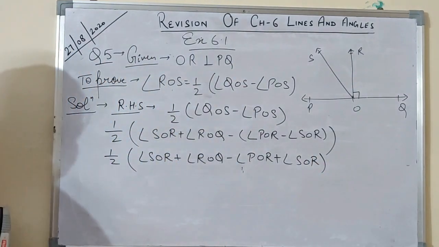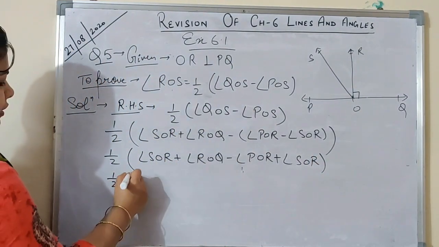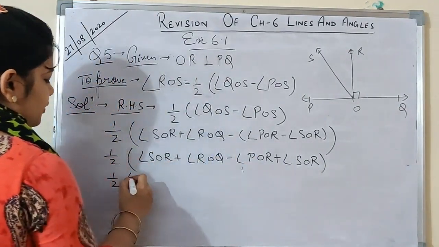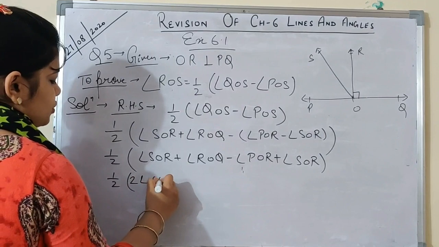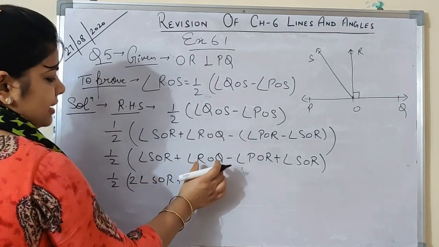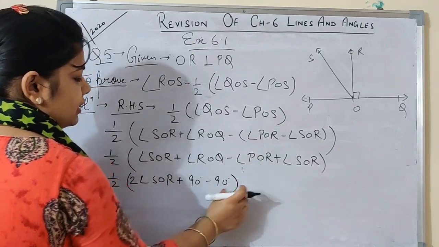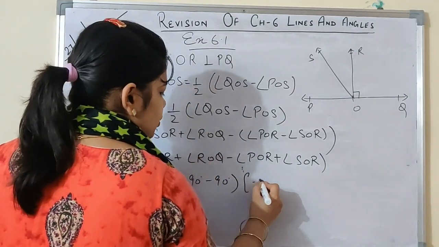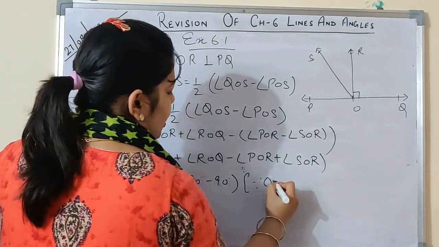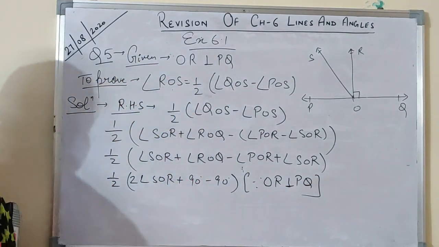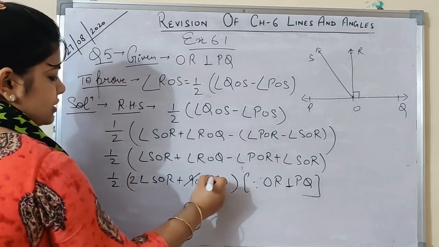Now we know that angle SOR plus angle SOR will become twice of angle SOR. Then in place of this we can write 90 degree, and in place of this also we can write 90 degree, because as you all know that OR is perpendicular to PQ, given to us. After that we can just cancel it out.